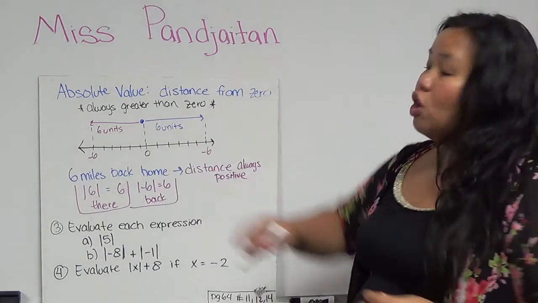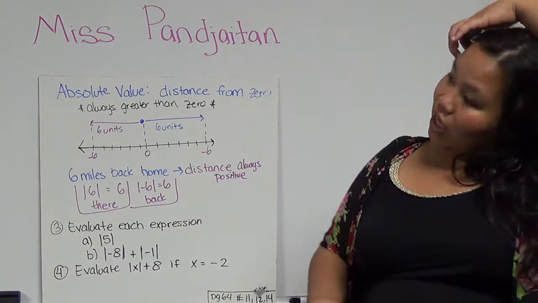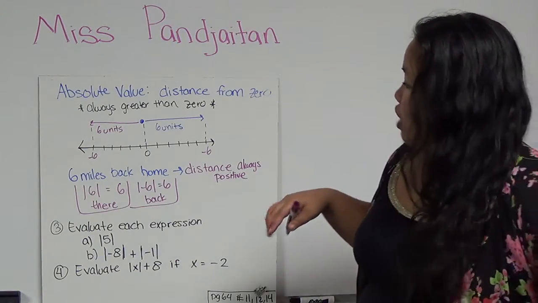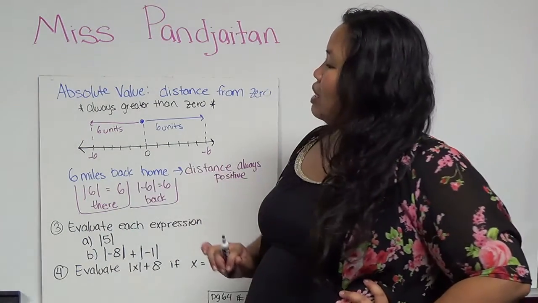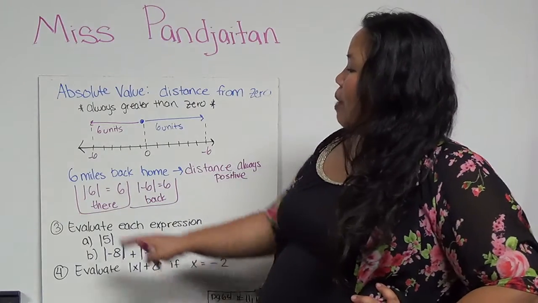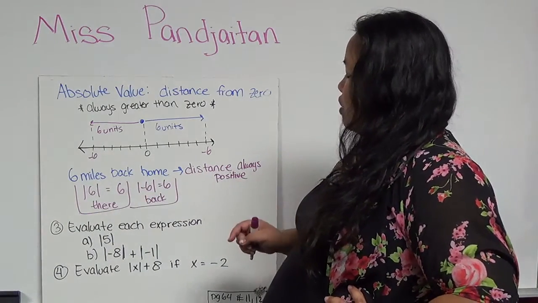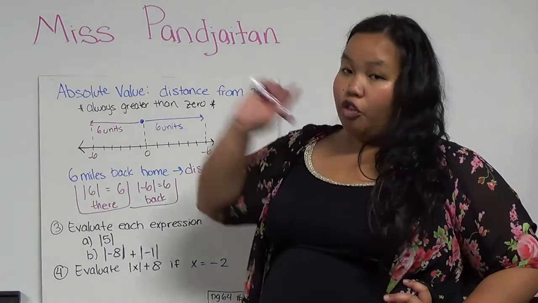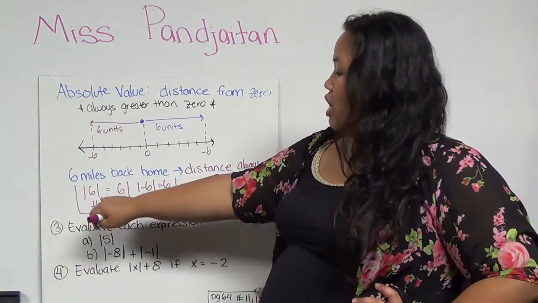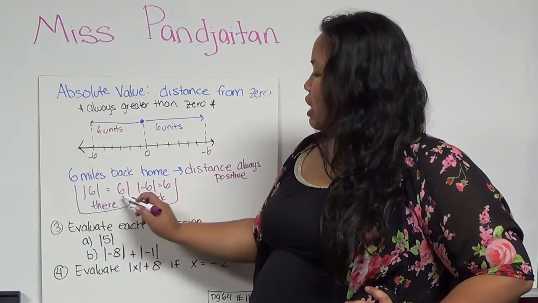Okay, so absolute value represents things where negative is not a part of it. For example, if I'm going 6 miles back home, then my distance is always positive. If I go 6 miles from my home, then the absolute value of 6 is 6.